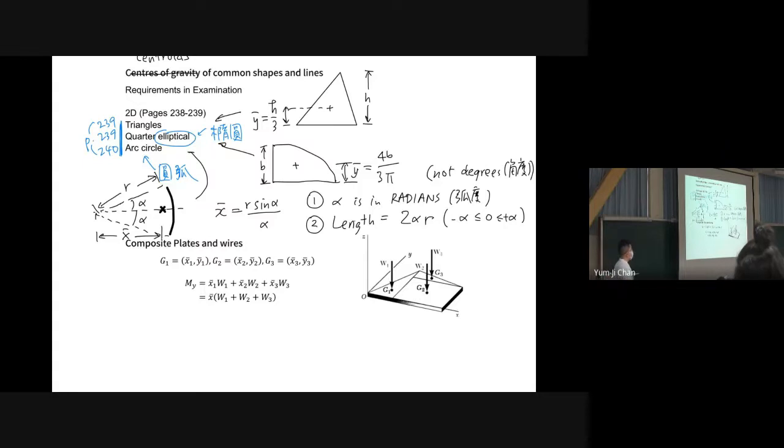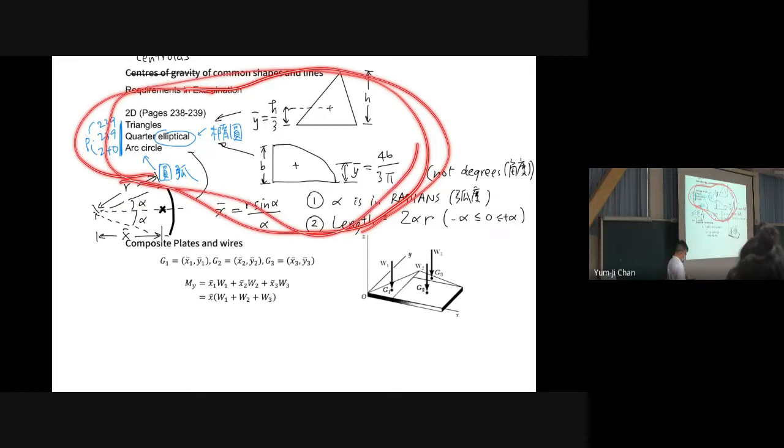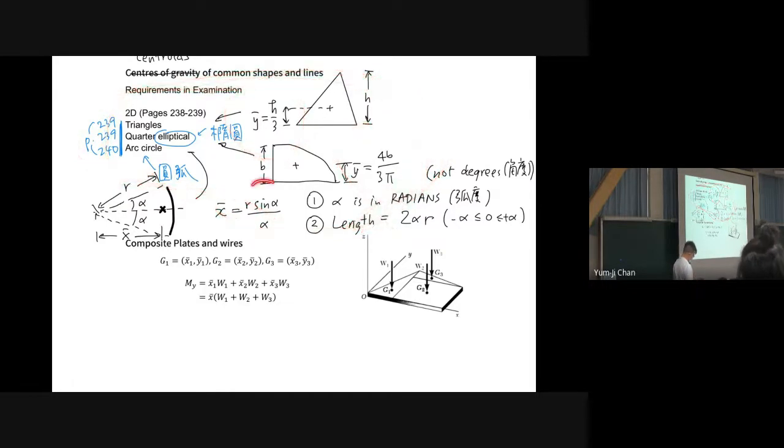Next, we look at composite plates and wires. Of course, I have told you how to remember these three equations, but in reality, many things are more complex than these three.